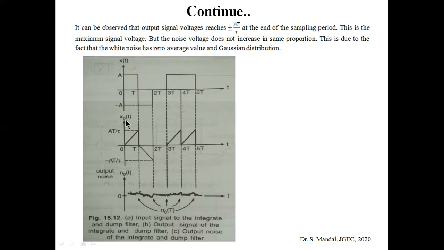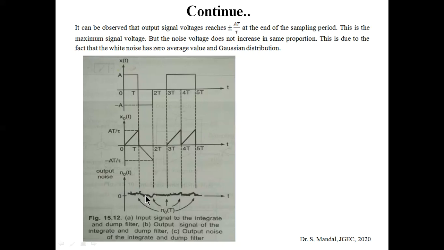The output x0(t) will simply be a triangular pulse. For a positive signal it will be a positive triangular pulse; for negative, minus A, it will be minus At/τ. And if x(t) is 0, the value of the integration is 0, so the output will also be 0. And obviously it will again be triangular like this.